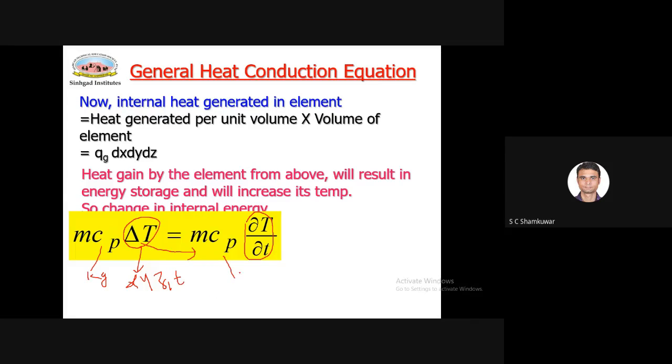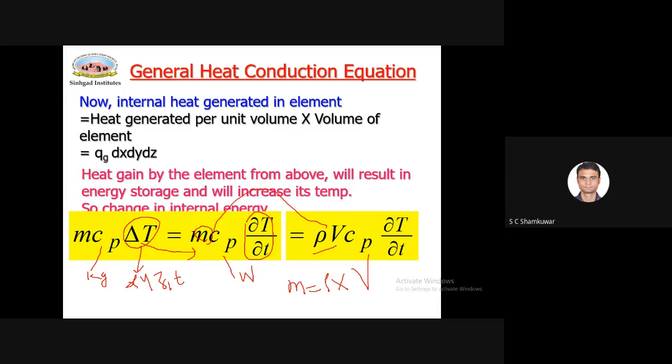And therefore, now its unit will be also watt. Again, this is a change in internal energy. Again, what is M? M can be replaced by density into volume. So we have replaced mass by rho into V. So rho into V into Cp into delta T by delta small t. Understood?